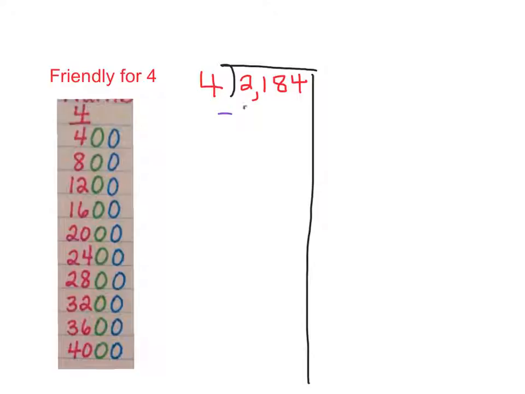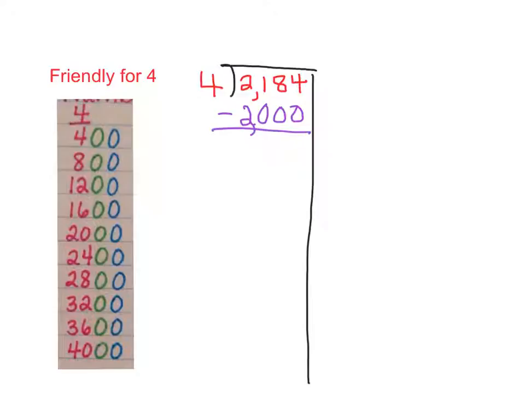So I'm going to subtract 2,000 here. And remember, anytime I put a minus sign over on the other side of the stick coming down, I need to put what I multiplied times the divisor to get this dividend. This is my partial quotient.